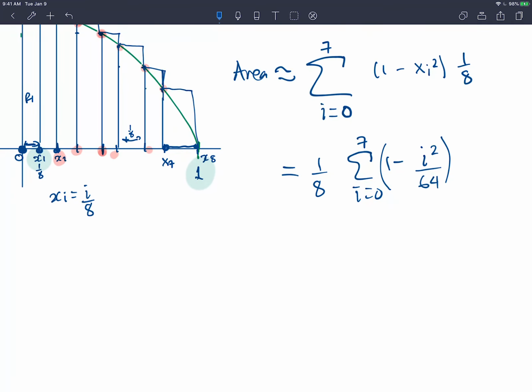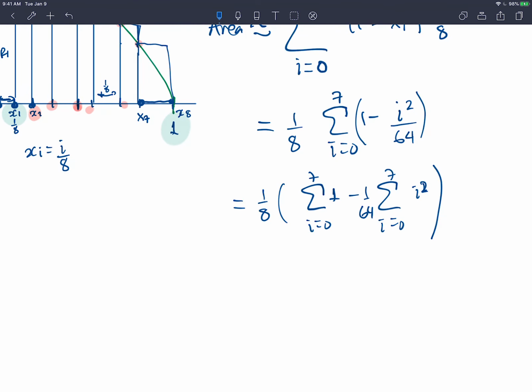So now when you break it up like I had before, I get 1/8 times the sum from i equals 0 up to 7 of 1, minus the sum from i equals 0 up to 7. I can put the 64 outside, and i squared. So it's pretty much the same thing as before, only that now the first term is the same. From 0 to 7, I'm still adding 8 times a 1. So this is also an 8.